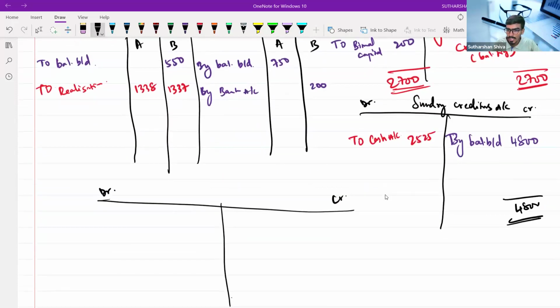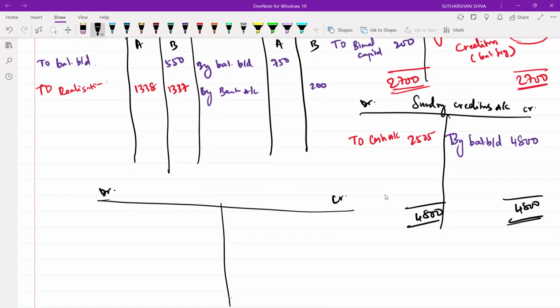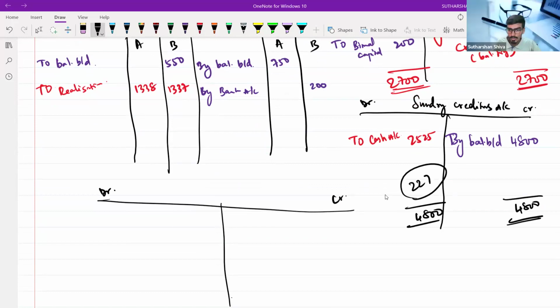It is 4,800 on both sides. Subtract 2,525 from this, and it is 2,275. Now tell me, can I recover this from sundry creditors, or do I need to pay it?